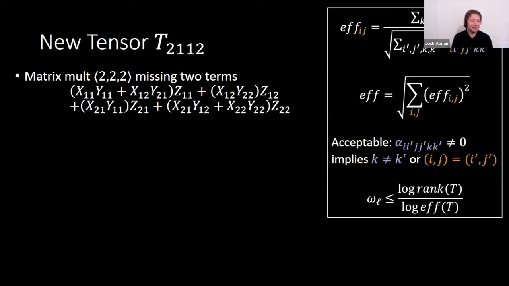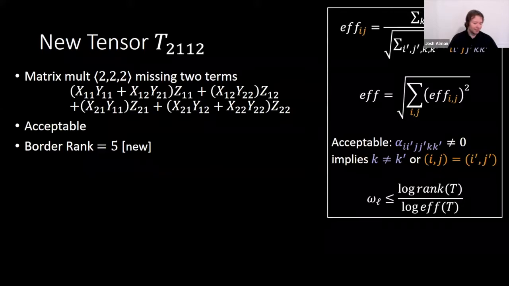So here's 2 by 2 by 2 matrix multiplication, but I removed one of the top right terms and one of the bottom left terms. So this is still an acceptable tensor. Its border rank is 5. You might be familiar with an identity by Bini, which shows a tensor similar to this one has border rank 5.